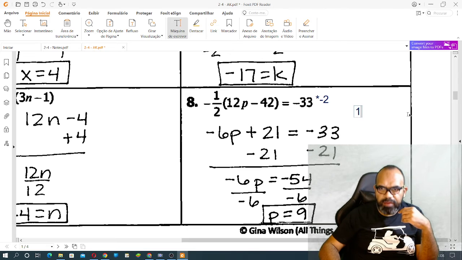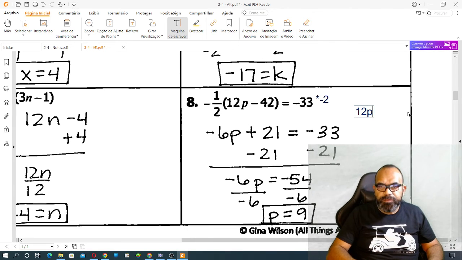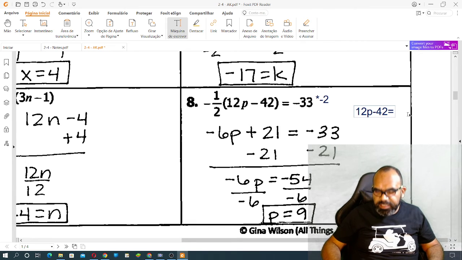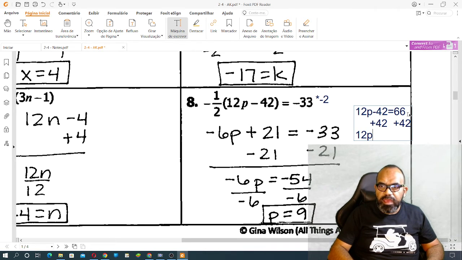Then you write here 12b minus 42 equals positive 66. What is the opposite to subtract 42? Add 42, add 42, which is 12b equals 66 and 42. 2 plus 6 is 8, 108.